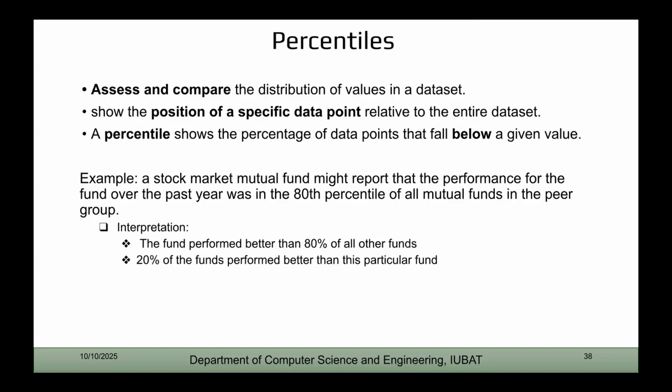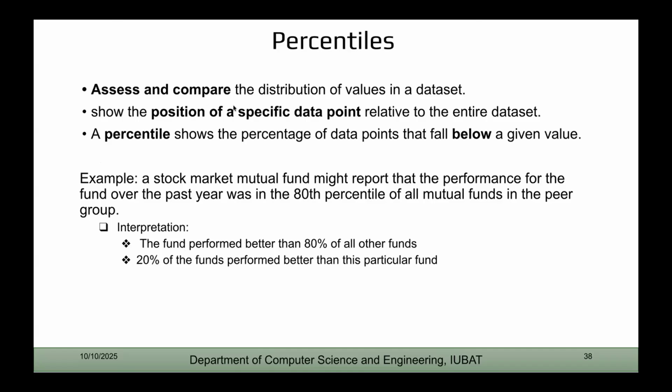So let's focus on percentiles. What do we understand by this? Percentiles assess and compare the distribution of values in the data set. That means it assesses all the data values and compares the distribution.